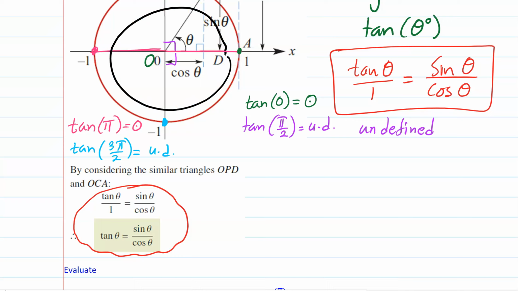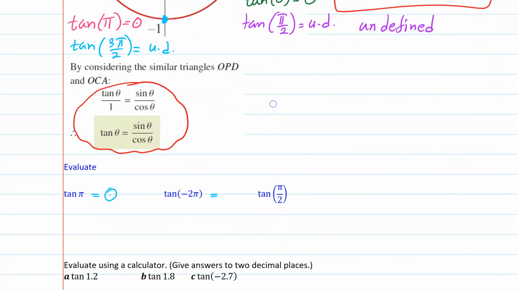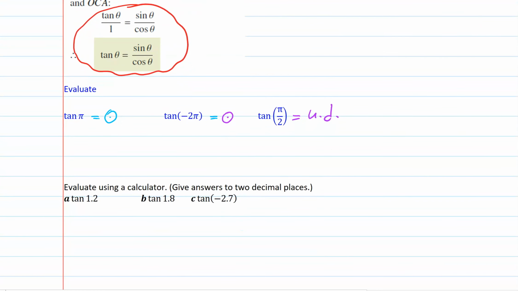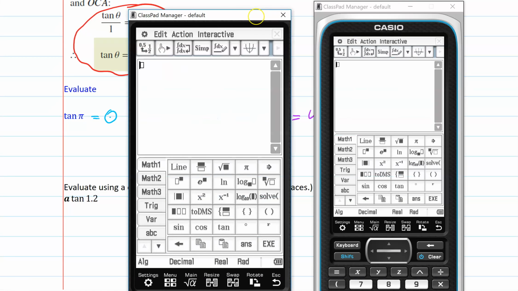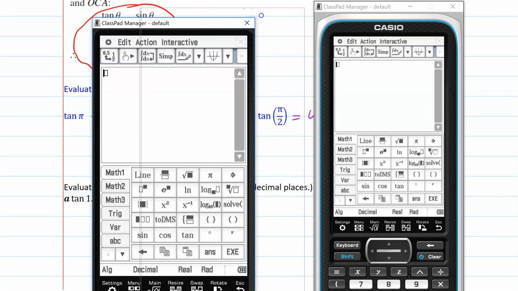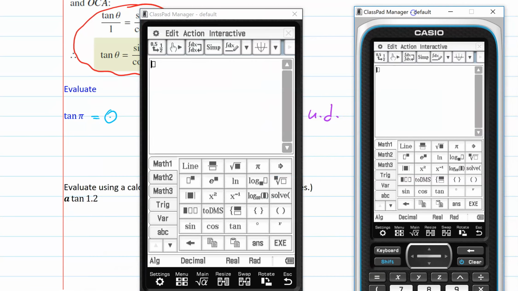It comes back to A. So the point is back to A, which means again the value is 0. Tan pi on 2, we just discussed, undefined. To get these values, we are going to use the calculator. Let me move around my calculator until I see everything perfectly.